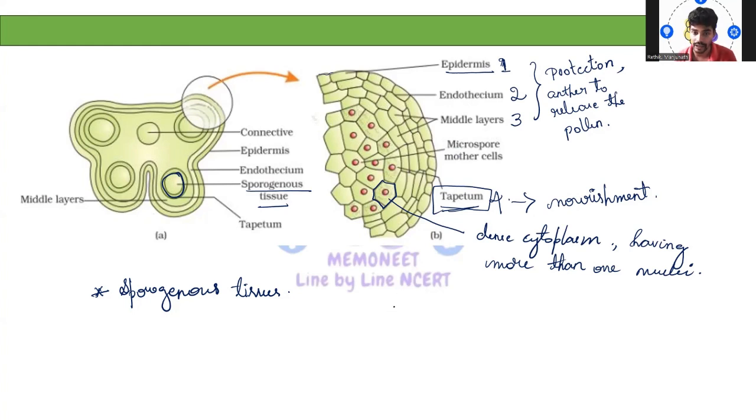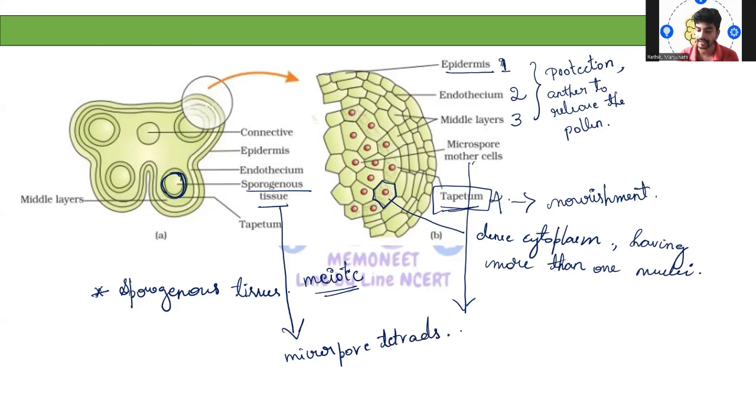Coming to here, you will be observing the microspore mother cells, right? So the sporogenous tissue, as you can see here, which is in the middle, undergoes what? Meiotic division. Okay, they undergo meiotic division, and as a result you will see the formation of microspore tetrads.